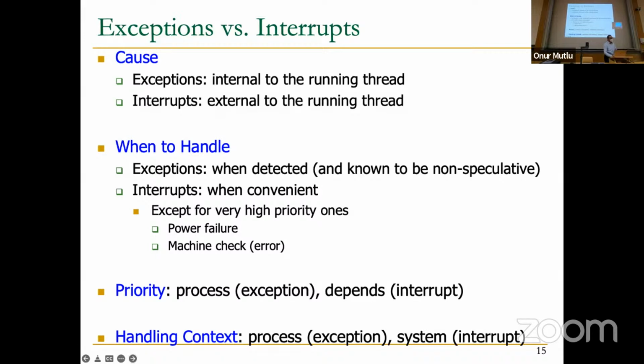But a keyboard input or a camera input may not be very high priority because the system has some slack in dealing with it. For example, this camera right now is putting a feed into this machine, and there's some slack over there. You don't need to keep interrupting the processes, although there may be better ways of handling the camera, which you can think about. Okay, handling context, I've kind of mentioned this actually. The exception's handling context is the process and the interrupt's is the system, and I've given you many examples related to this.